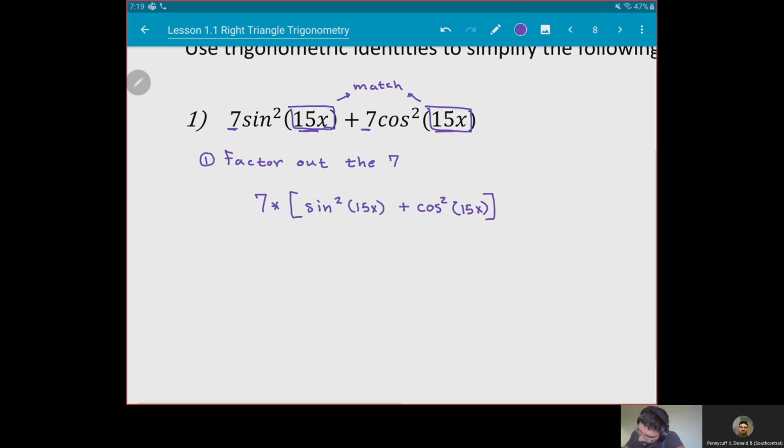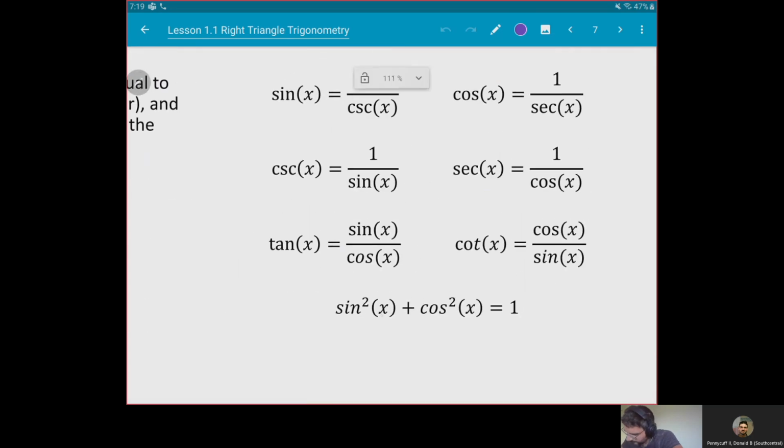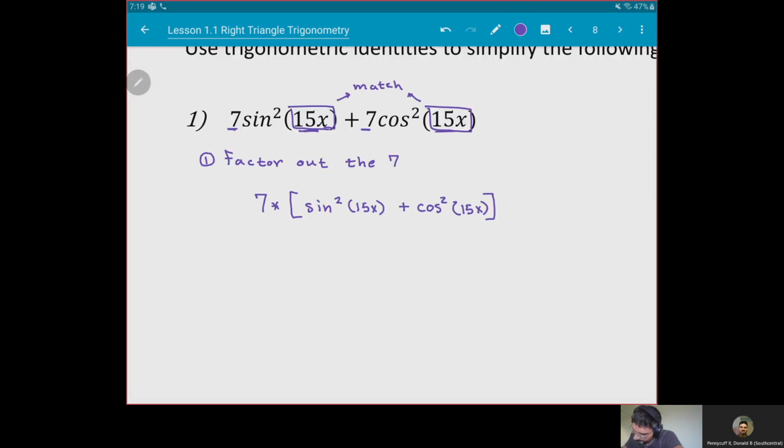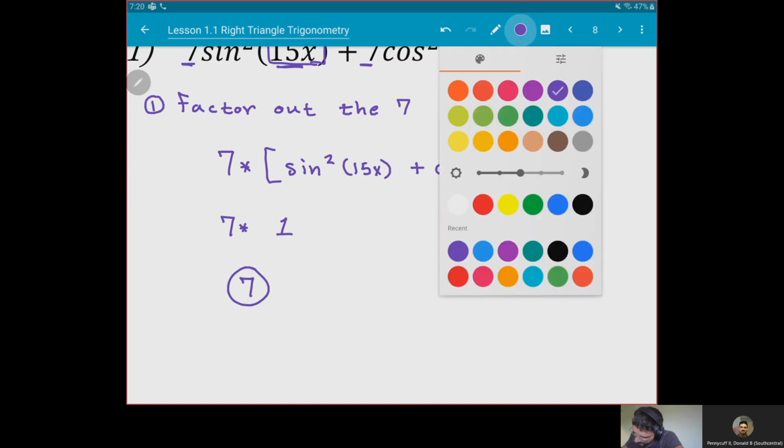And if we look at our trig identities, sine of something, it doesn't have to be x, it should be whatever, as long as they match. That's all that matters. Sine squared plus cosine squared is equal to 1. So this whole thing right here is just 1. And so that simplifies to 7.